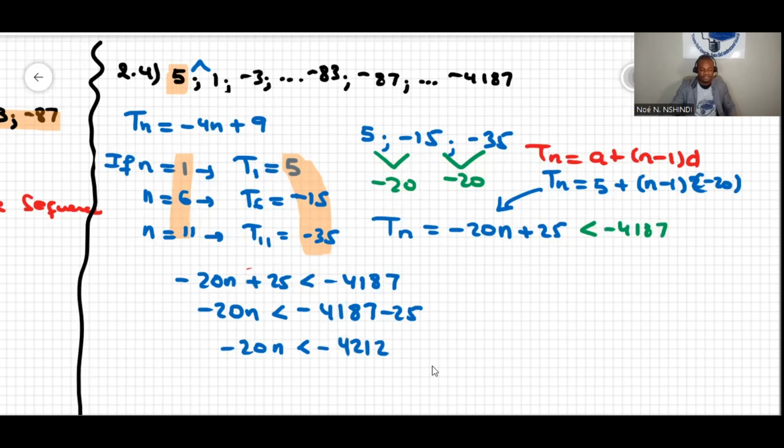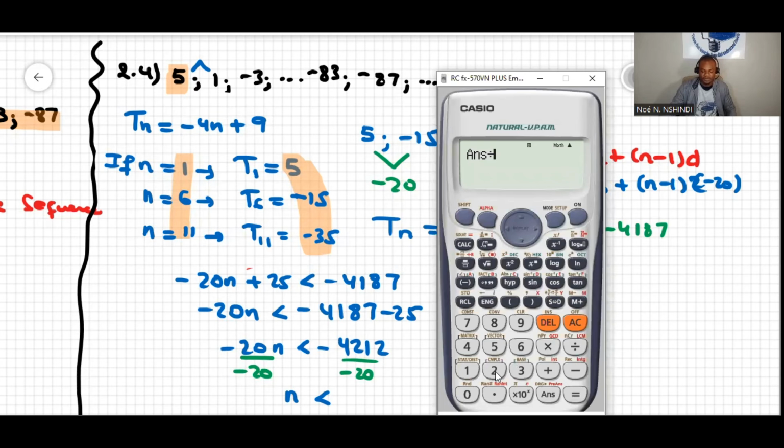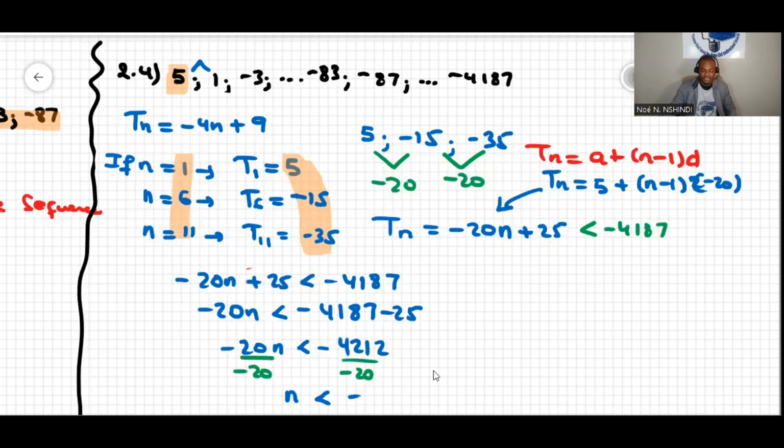If we divide both sides by negative 20, then n must be less than this divided by 20, and it becomes positive because we divide by negative 20. That makes positive 210.6. Therefore, we can say the number of terms must be n equal to 210.